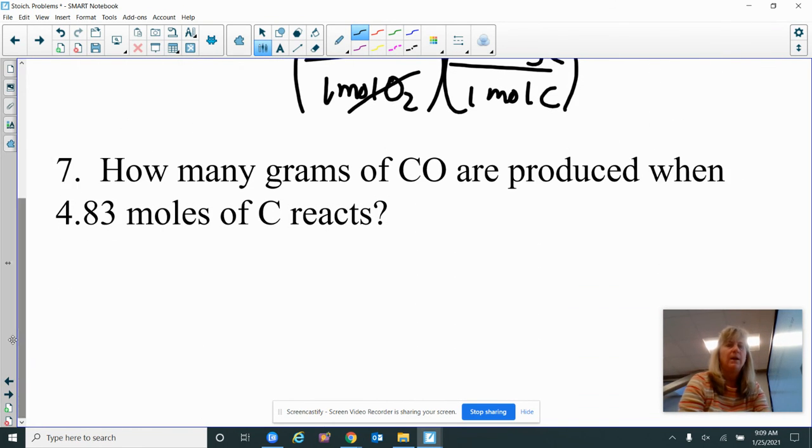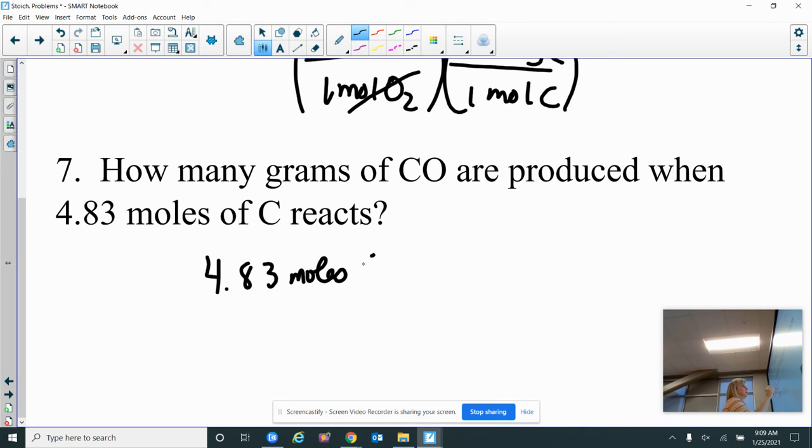Okay. And then how many grams of carbon monoxide are produced when 4.83 moles of carbon reacts? So 4.83 moles of carbon.